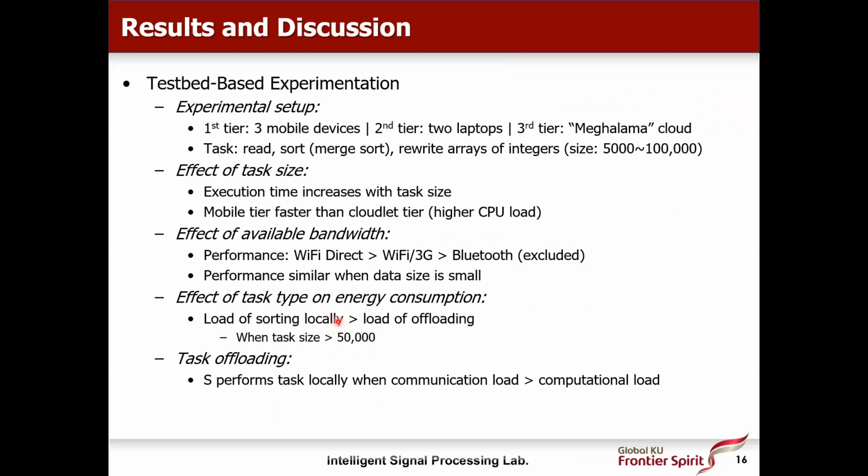When they're trying to decide whether to process locally or offload remotely, you also have to consider that when you process it locally, it takes a certain amount of energy, but offloading it also takes a certain amount of energy.